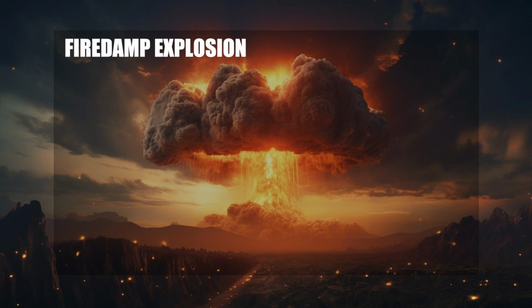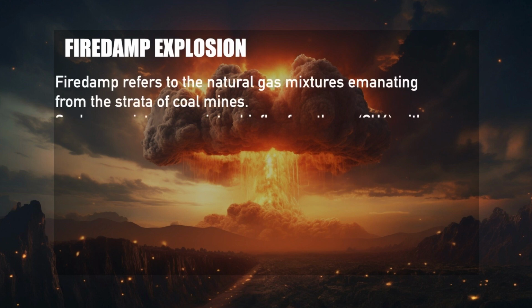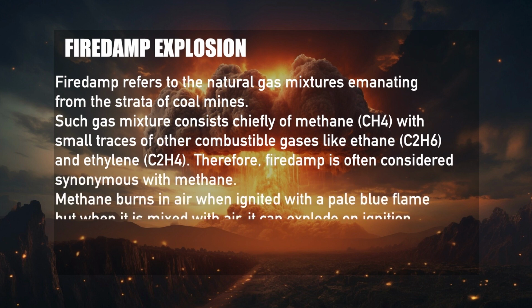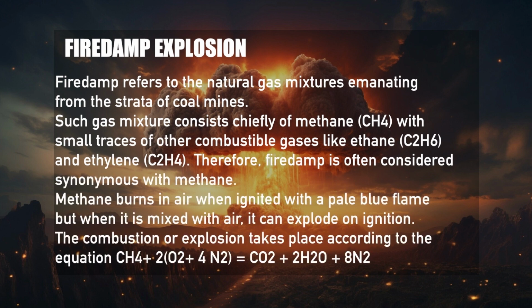Fire damp explosion. Fire damp refers to the natural gas mixture emanating from the strata of coal mines, that is emitted from underground coal mines whenever we extract coal and expose more and more surfaces of wall rock.